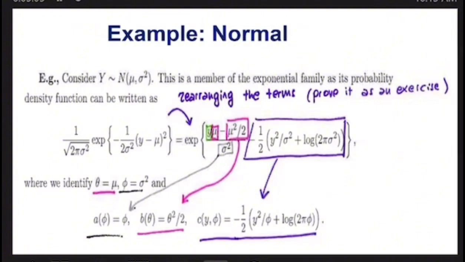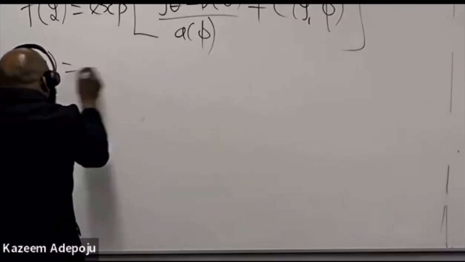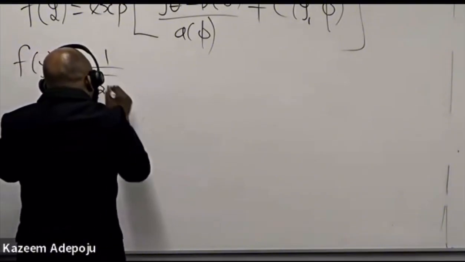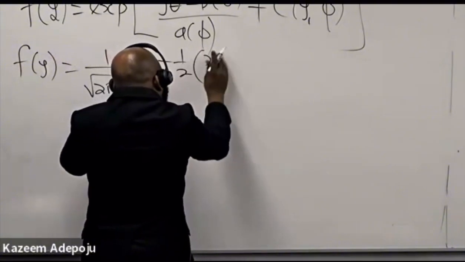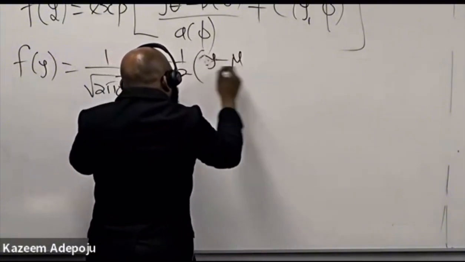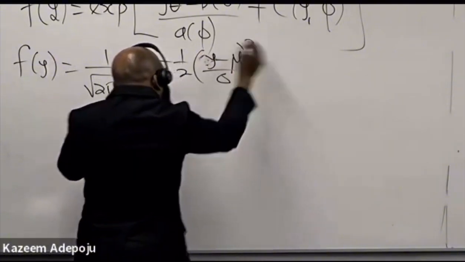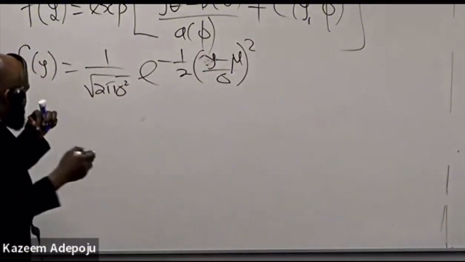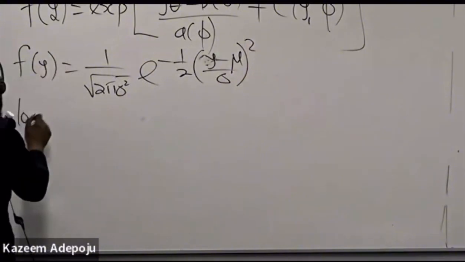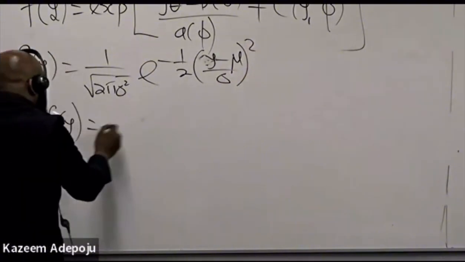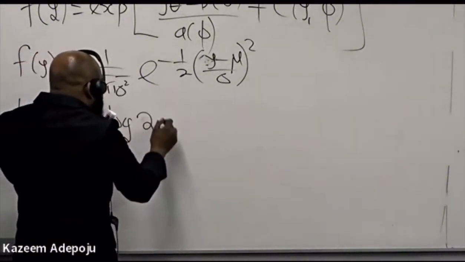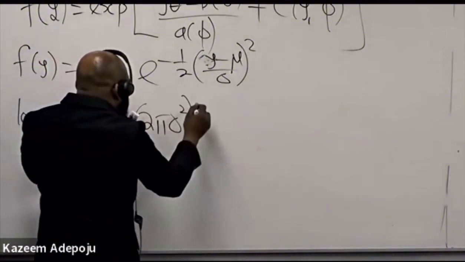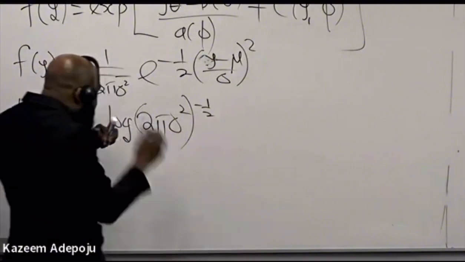So the other time, I remember if f of y is normal, so what I'm actually going to do first, I take the log of that. If I want to rewrite this, it's going to be 2 pi sigma squared raised to power minus half.